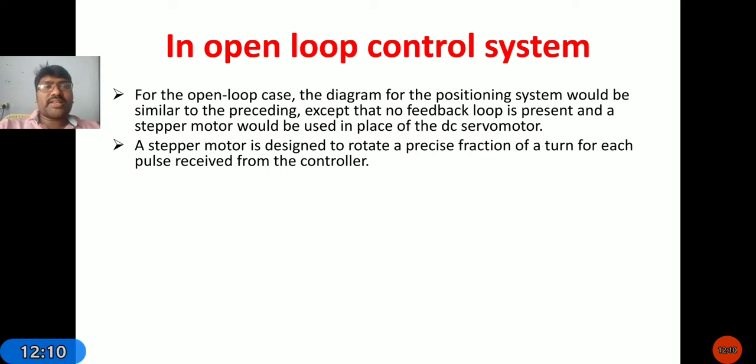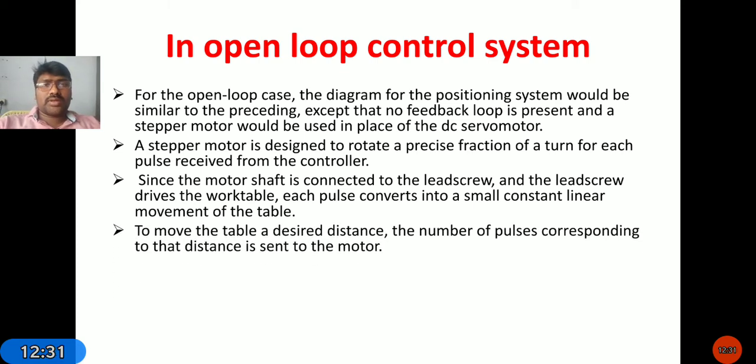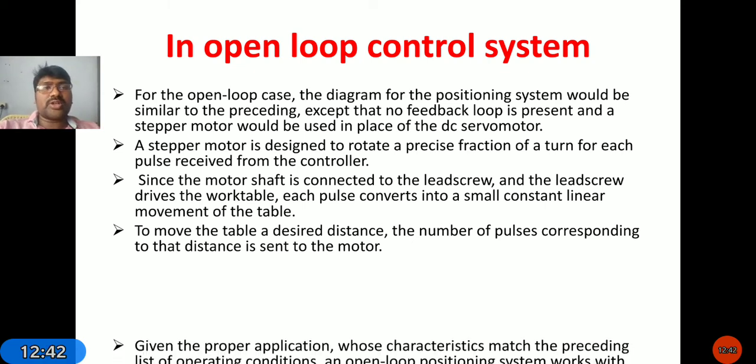A stepper motor is designed to rotate a precise fraction of a turn for each pulse received from the controller. Since the motor shaft is connected to the lead screw and the lead screw drives the work table, each pulse converts into a small constant linear motion, so we need to fix the rotation of the stepper motor, that is revolutions. Based on that calculation, we need to give the input. To move the table a desired distance, the number of pulses corresponding to that distance is sent to the motor.